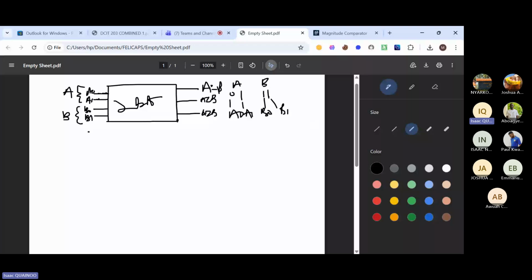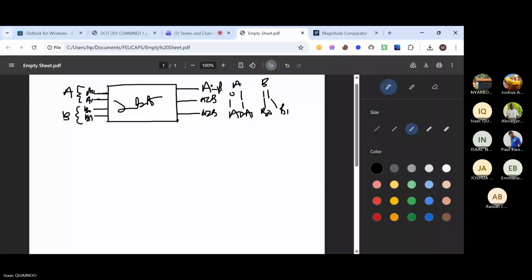Now, there is a general rule with comparators, okay? As you move forward, the truth table becomes much more difficult and complex. If you were here during the session where we treated comparators, I gave you a much simpler and shorter way to do this.